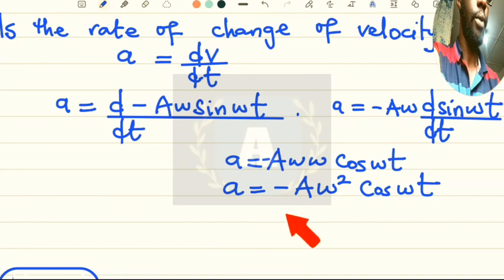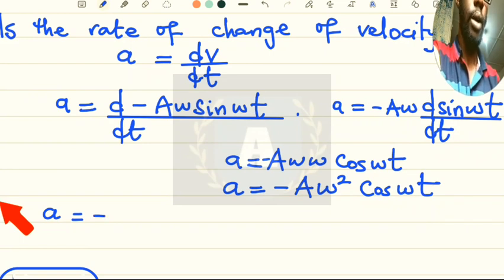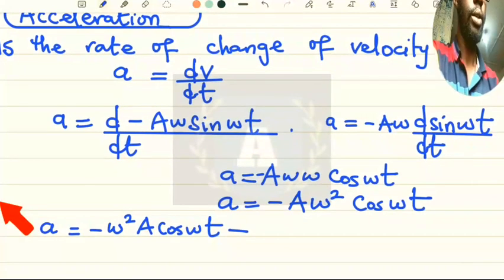So now on rearranging this equation, we have that a equals minus omega squared a cos omega t. We can use this to get a value for acceleration, and that will make it equation 5, if I'm not wrong.